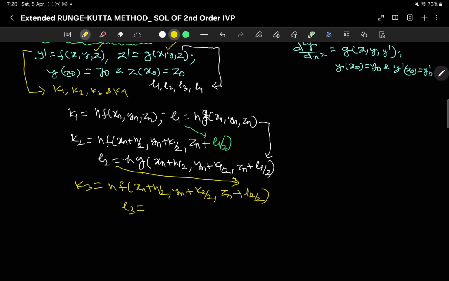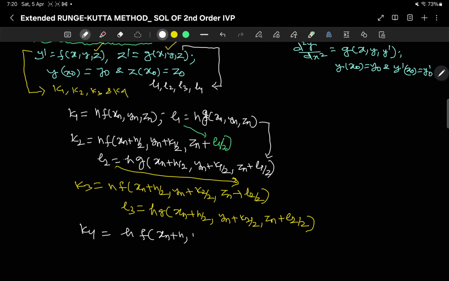Here L3 = h g(xn + h/2, yn + k2/2, zn + L2/2). Then finally you compute k4 = h f(xn + h, yn + k3, zn + L3).